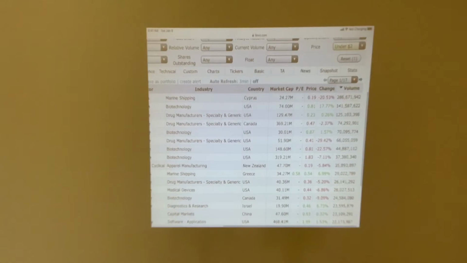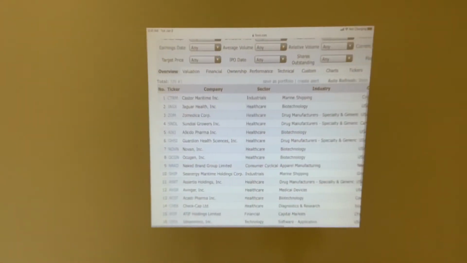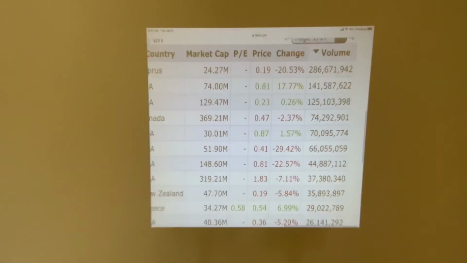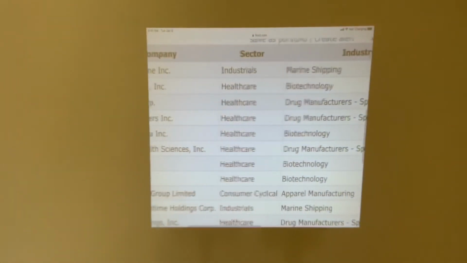Okay. So here, let's say there are a lot of stocks, and these stocks are all under $2. They have a high volume, so that means they are very active ones.